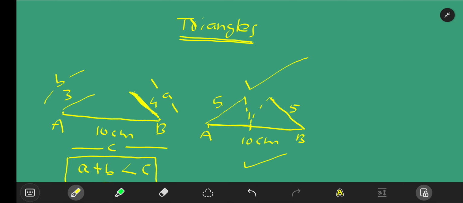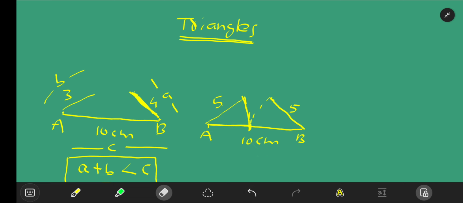If I drop this line onto the AB line, it will come up to here, and this 5 centimeters line also comes up to here, and they meet each other here. But no shape will form. They coincide with the line AB. They will meet, but they coincide with the line AB, so no shape will form here also.